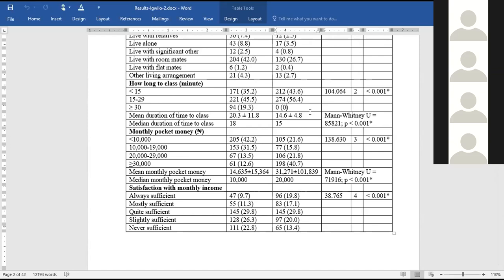Now, if you want to calculate the expected value for this cell, the row total is 94 when we add 0 to 94. Multiply by 486, which is the total for the column, and divide by 972.